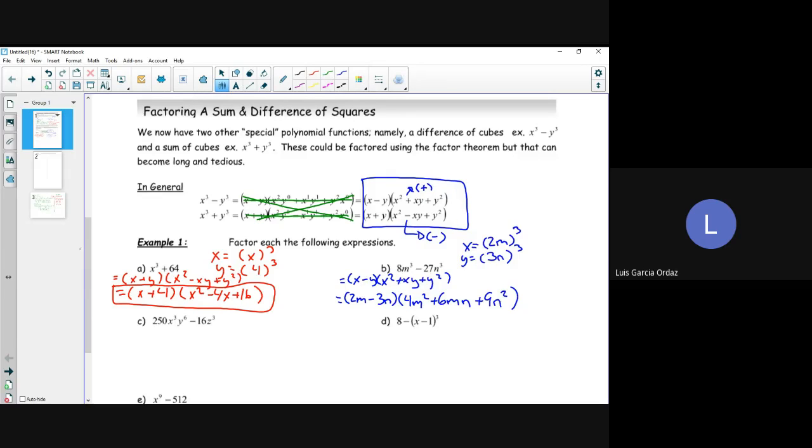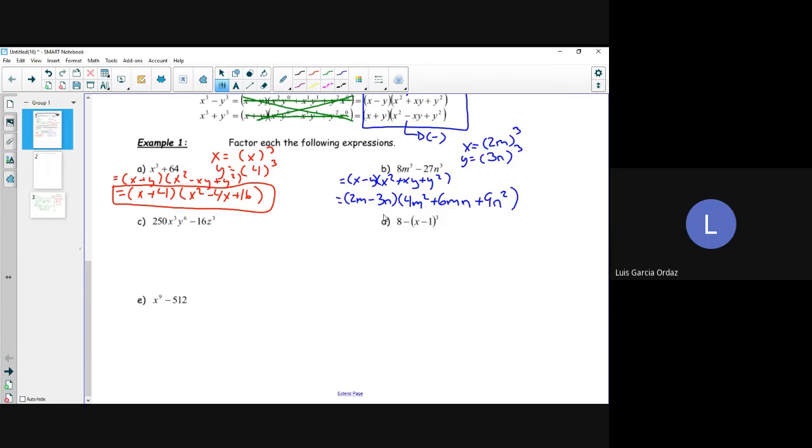Our next example is 250x to the 3 times y to the 6 minus 16z cubed. Does 250 have a cubic root? No, it does not.